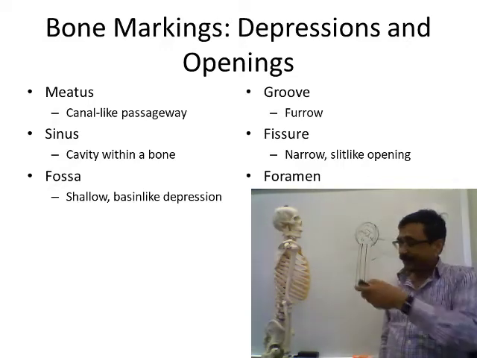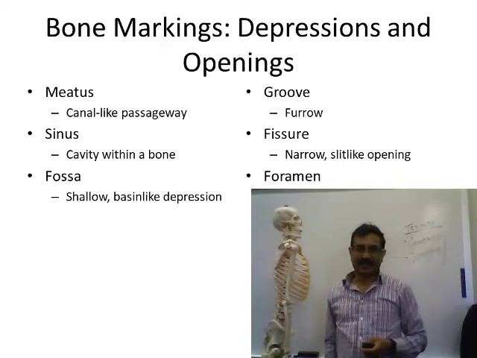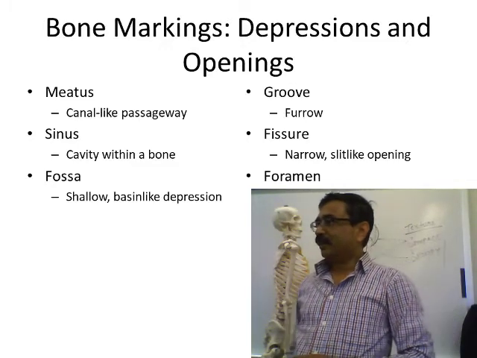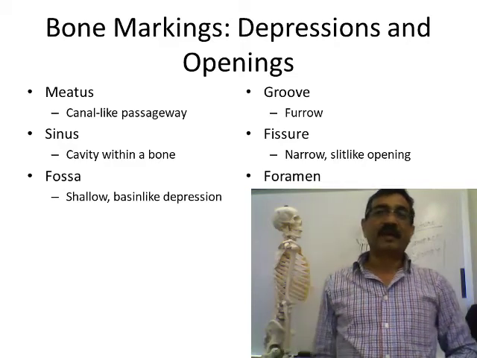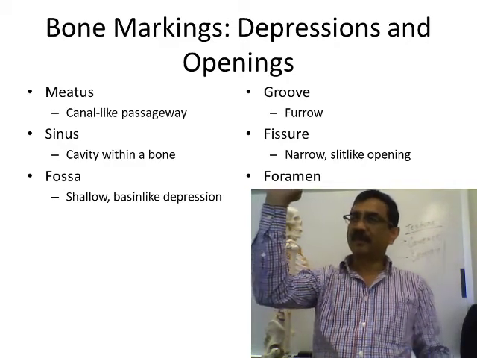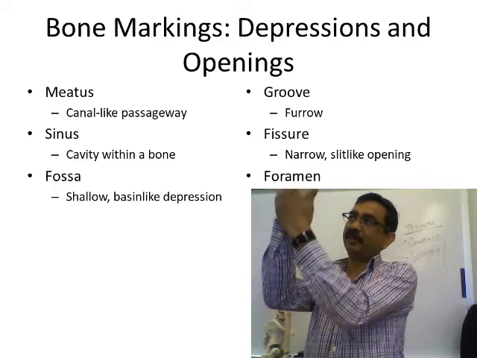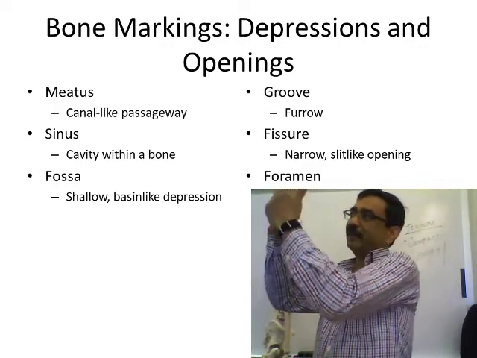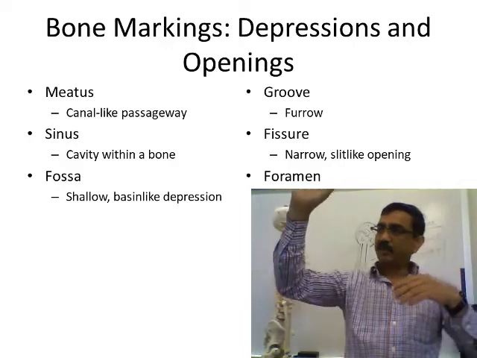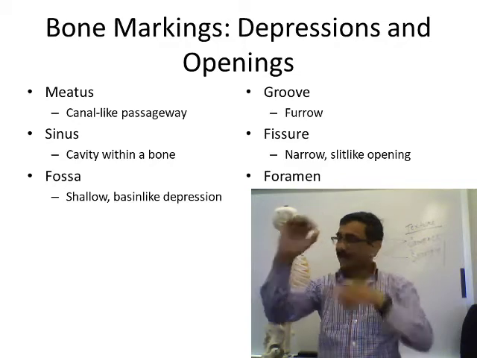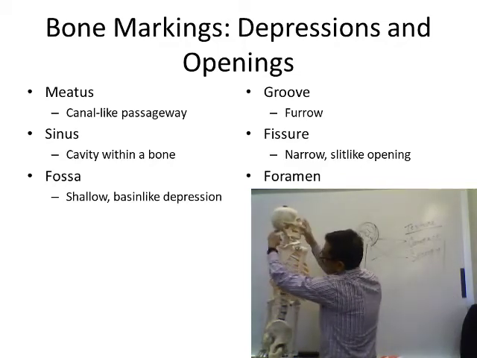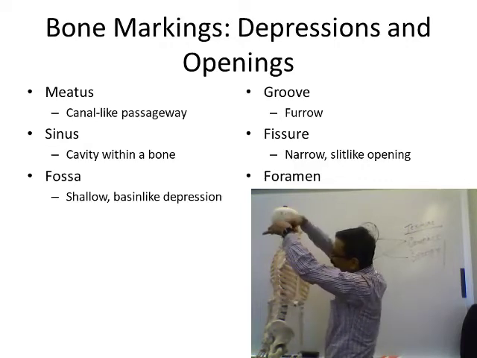Now we'll see the depressions and openings in the bone. On the bone, you will also find depressions like this. If I see a depressed area on a bone, that is a depression. And also in the bones you have openings. If you see the bottom of the skull, you will find many openings like this.